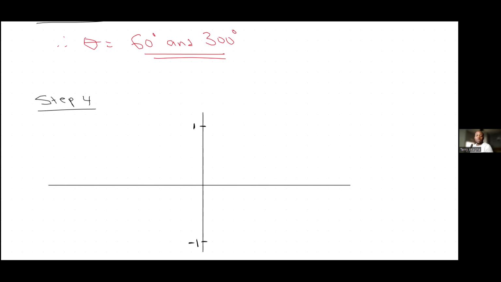So in degrees, this part here is going to be 90 degrees. This is 180, then this is going to be 270 degrees, and this is going to be 360 degrees. Then you can keep on moving to infinity.